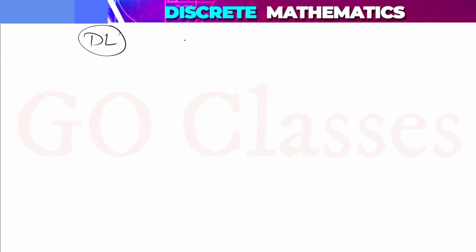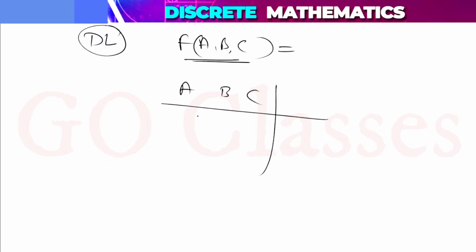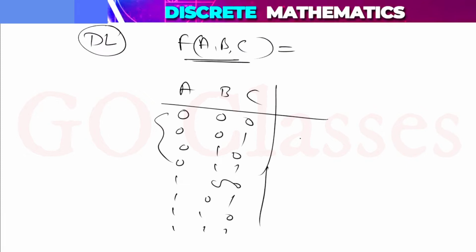Let's assume we have a function of A, B, C. There are total 3 Boolean variables, and for these rows 000, 001, 010, 011, 100, 101, 110, 111, the function output is 0 0 0 0 and then 1 1 1 1.